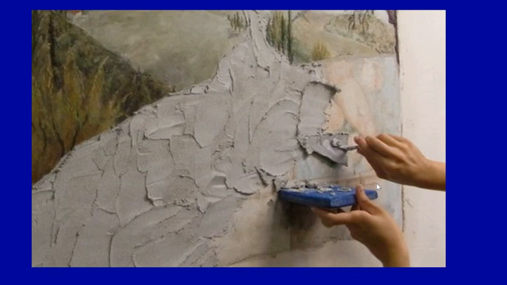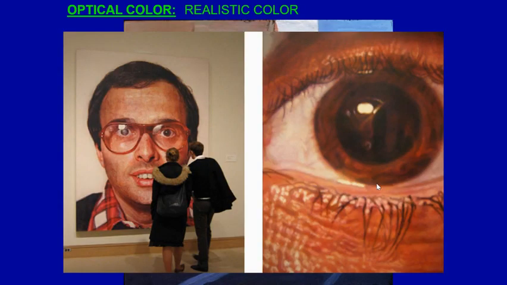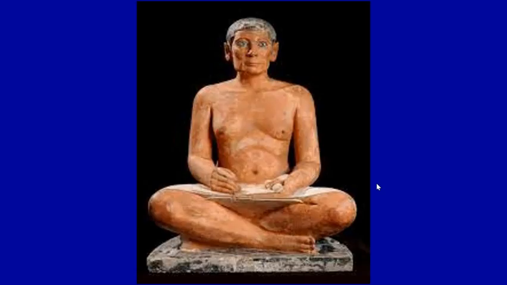And we can talk about the pigment, or the way that there's plenty of frescoes in the first semester. So we can talk about how frescoes were made. And then optical color is realistic color. So the sky is blue and the tree leaves are green. So if you want something to look realistic, then you will use optical color.